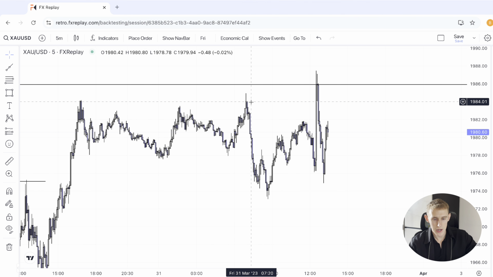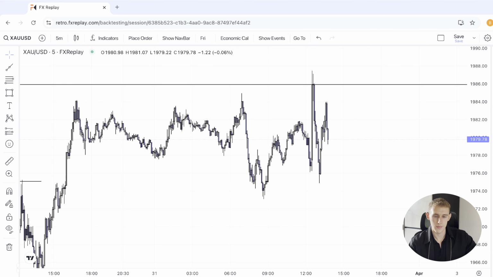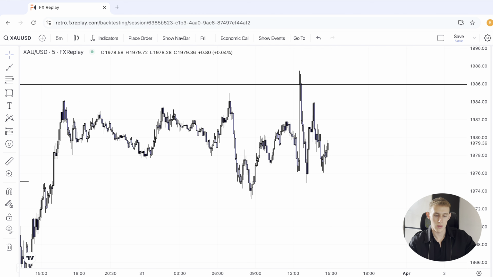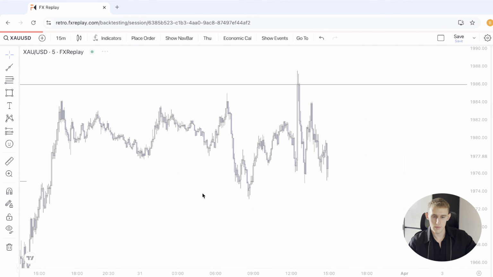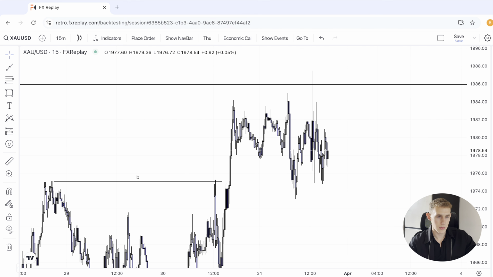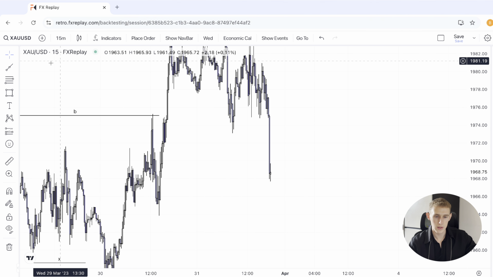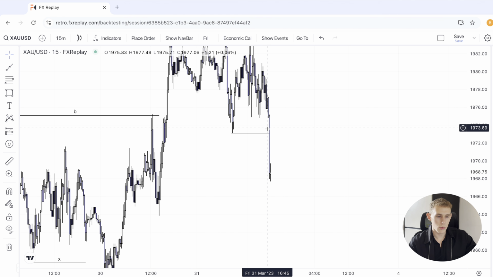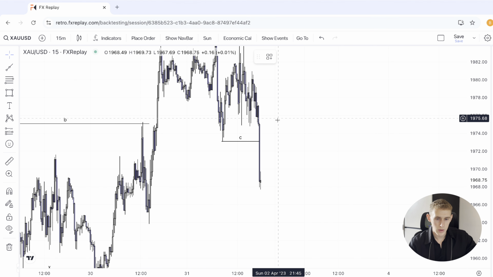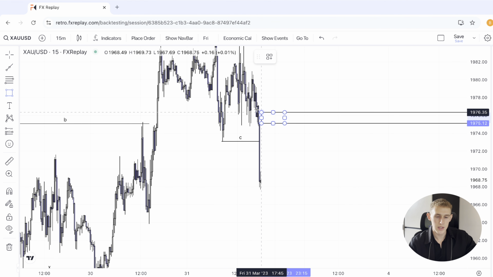So this is the low that I want to see broken at the moment. Yeah, so there you go, kind of got that change of character. As for a zone for it to pull back into, could maybe see this supply zone retested.